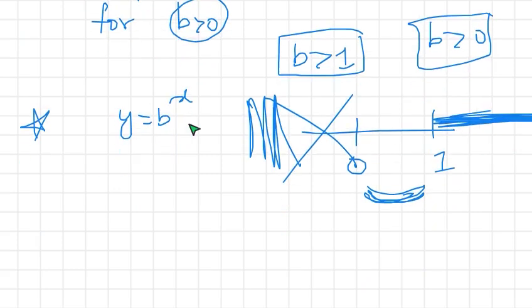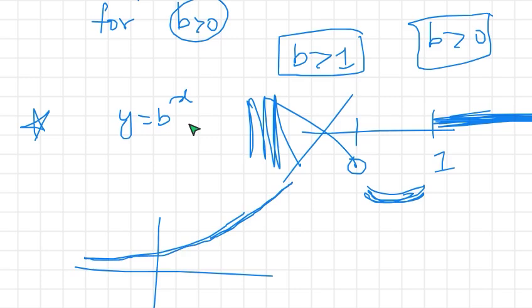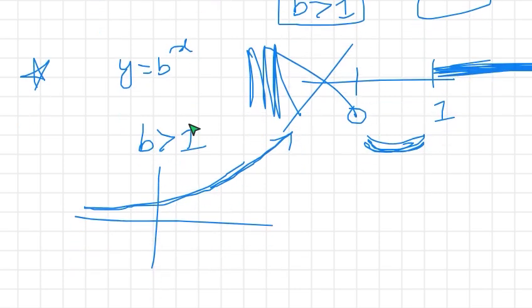It's interesting because what did we discuss just now? If you increase the exponent of a number which lies between 0 and 1, what happens? It becomes smaller. So the graph of y equal to b power x earlier was like this. As the value of x increases, y increases, right? Yes, for b greater than 1.